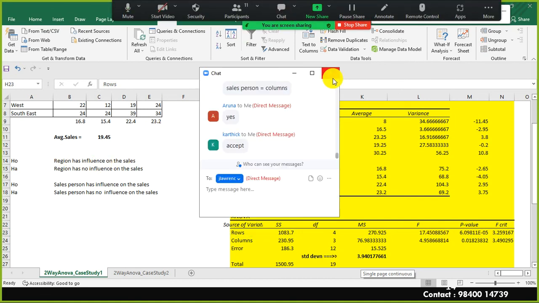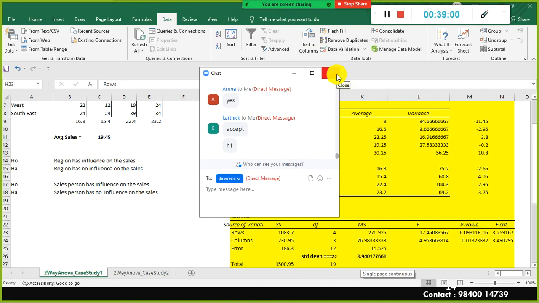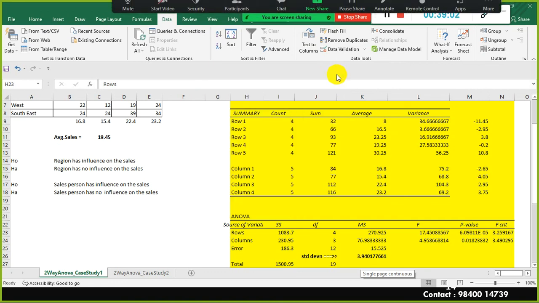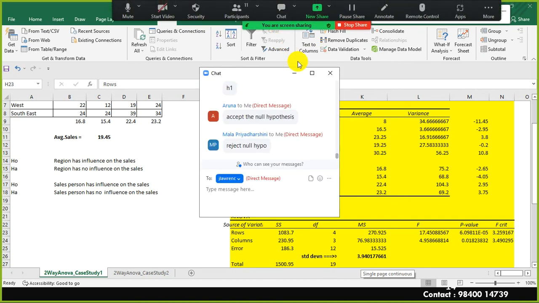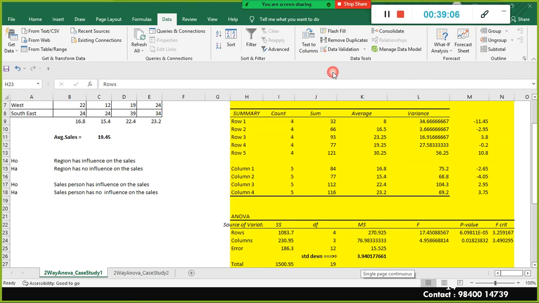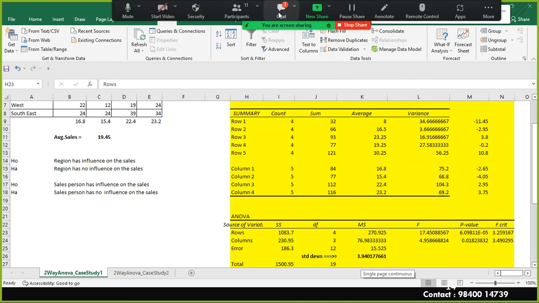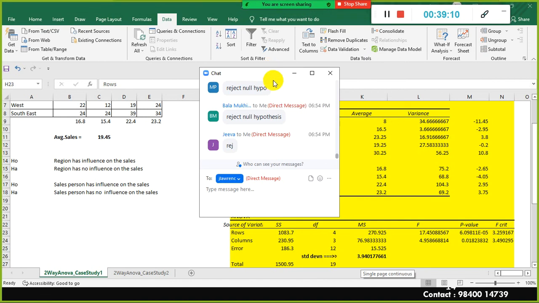Let me see how many of you accept the null hypothesis. What do you mean by accept the null hypothesis? Mala says reject the null. Jiva, very good, and Gilbert, reject the null hypothesis.